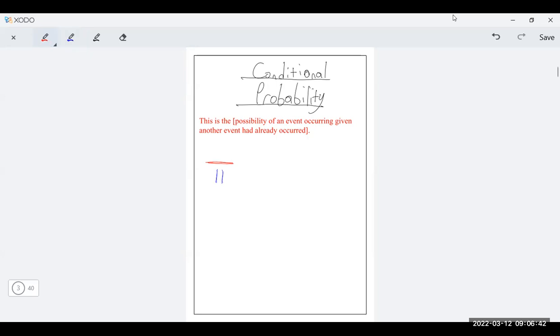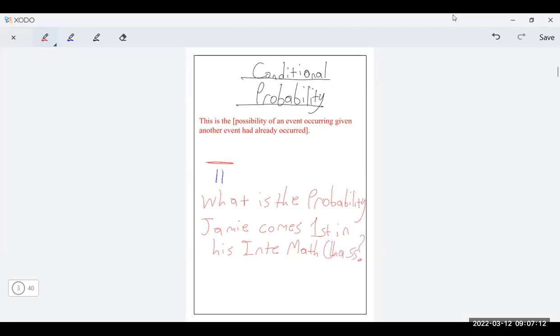And I say, what is the probability that Jamie comes first in his Integrated Math class? What would be the probability of you coming first? Probably 0.9? Very good, 1 out of 11.